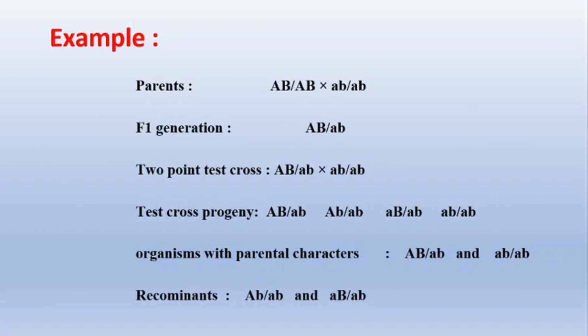Let us see the example. Consider the parental genotypes as capital A, capital B, capital A, capital B, and small a, small b, small a, small b. The bar denotes those two genes are linked. If linkage is there, then only we can calculate the distance between the genes.